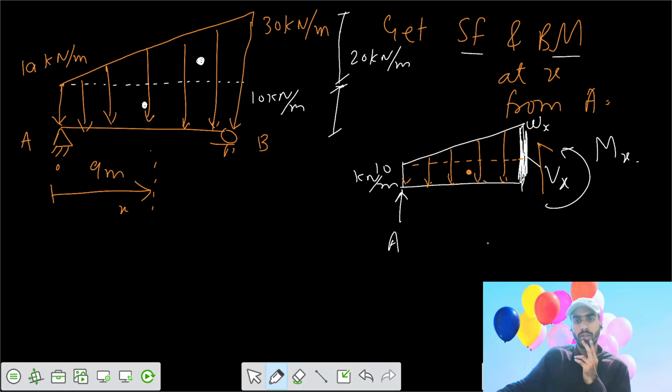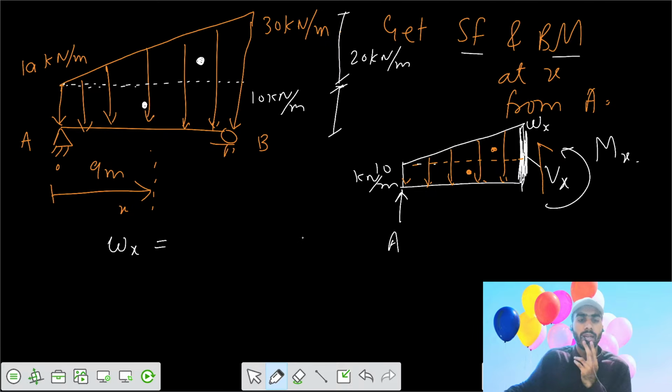Centroid of this one, centroid of this one. If you cut at any x, at least you will get an intensity of 10 kilonewton per meter, so we are not worried about that part. For the triangular variation, what is the value of Wx, W at any x?